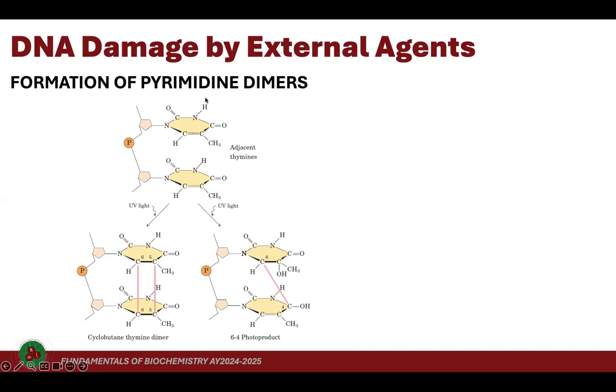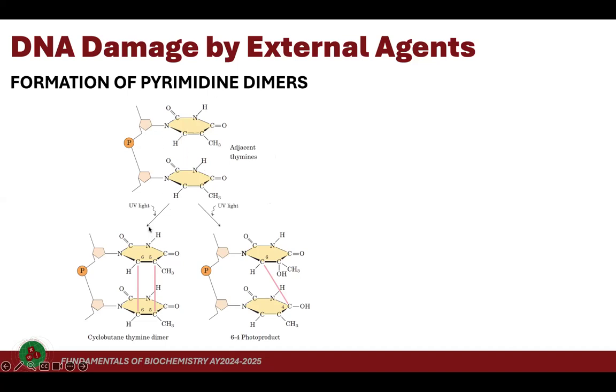And take note that this will most likely happen for two adjacent thymines. So if you have two thymines in your DNA sequence next to each other, then the likelihood of forming pyrimidine dimers when this gets exposed to UV light or radiation is very high.